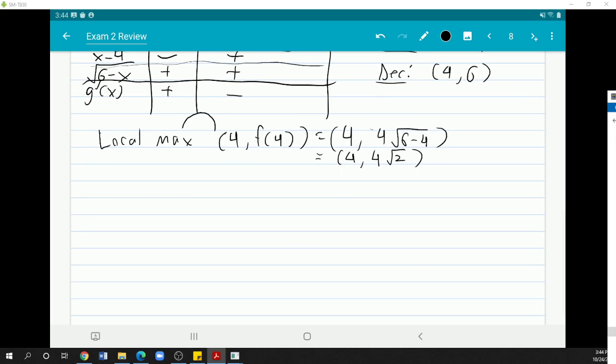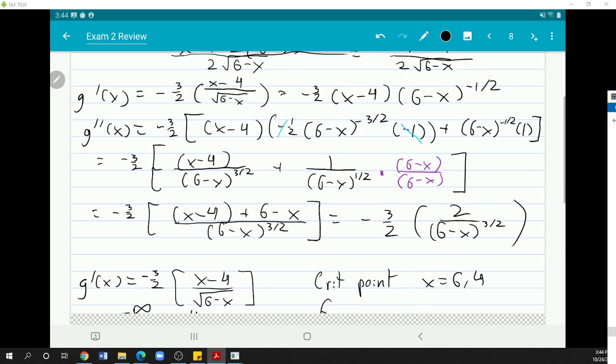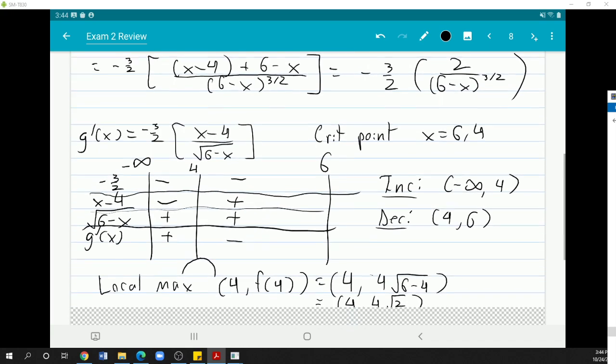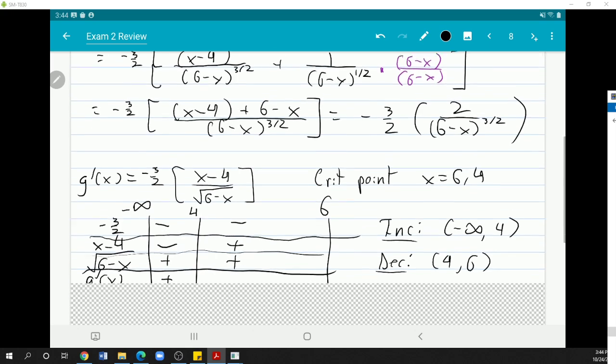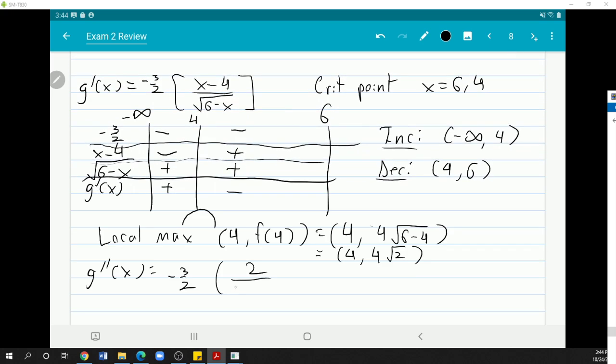So that's g prime prime of x. And let me remember what I wrote down there. It was, oh, this simplified really nicely. Minus 3 halves times the 2 over 6 minus x to the 3 halves.